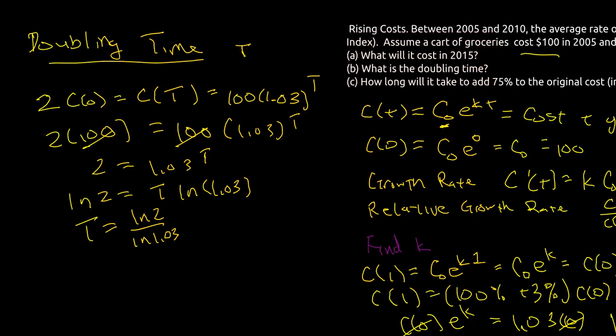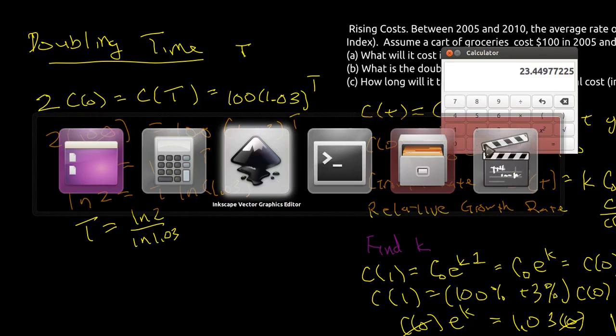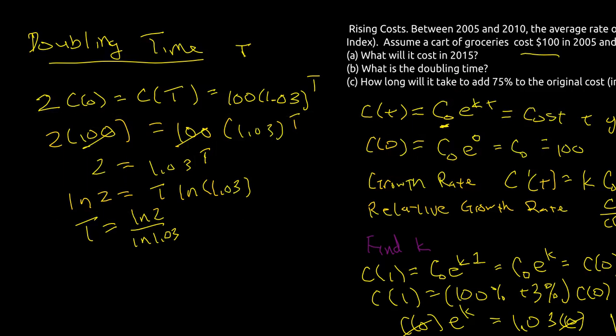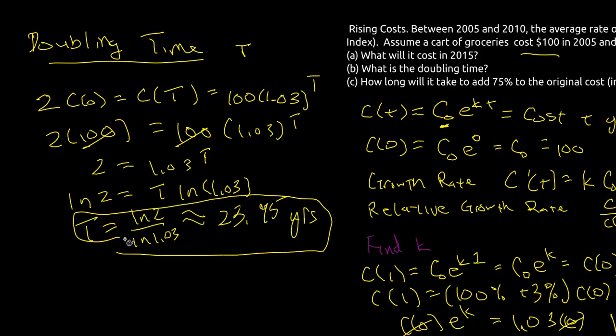So it's about 23.45 years. Okay, and finally, we're going to answer how long it takes to add 75% to the original cost.